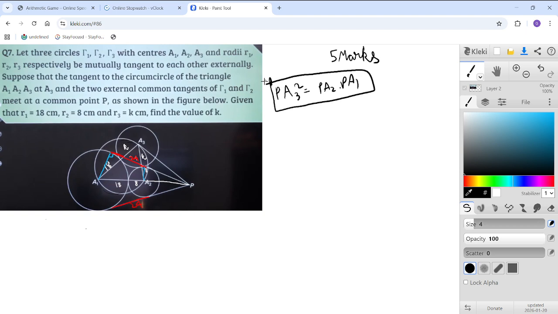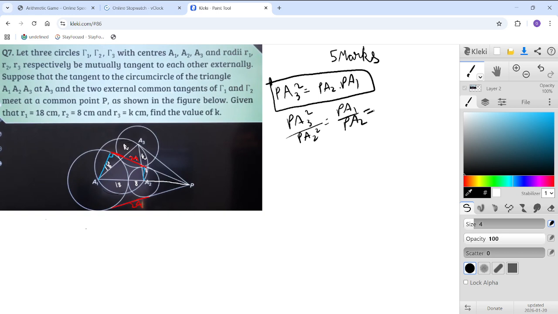I'm going to share both approaches: first the first approach, then the second. So can we find PA1 by PA2? Of course we can, because 18 and 8 are given. 18 upon 8 is PA1 upon PA2, which we can find because of similarity. So PA3 square upon PA2 square is PA1 over PA2.